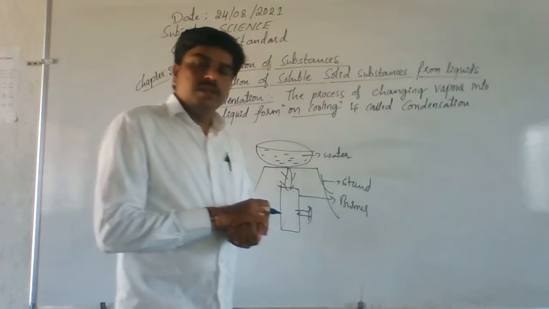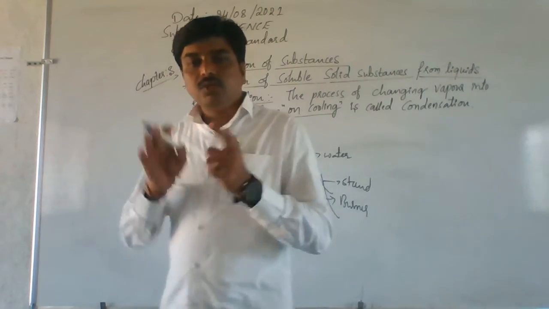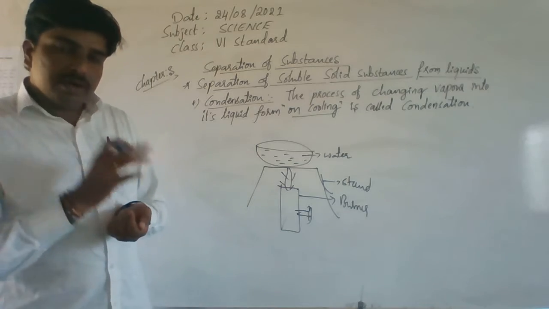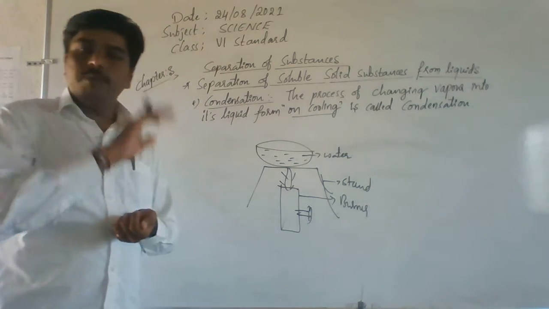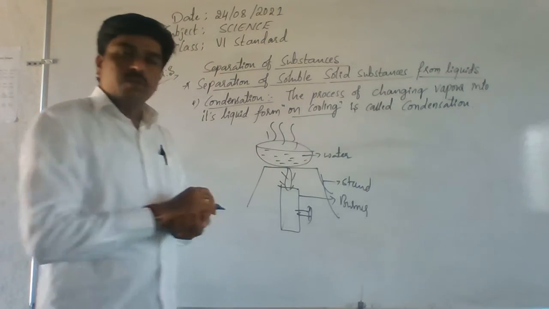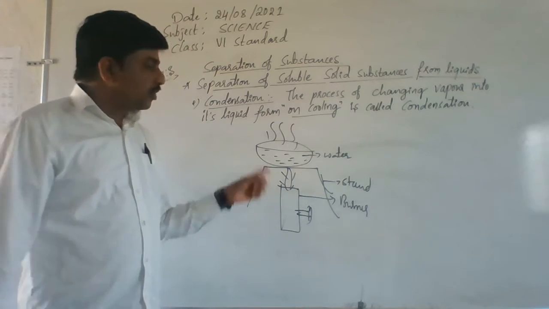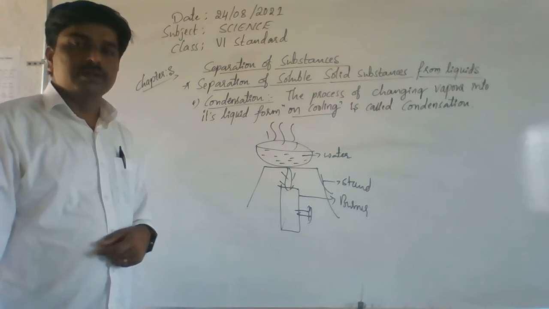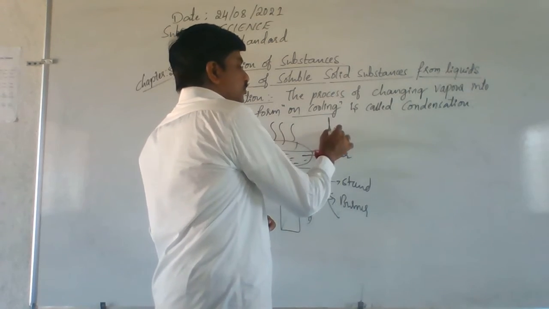When you heat the water, first the water boils. After boiling, it starts to evaporate. When the vapor comes out from this bowl, this metal vessel, take another pan, or you can say a lid.